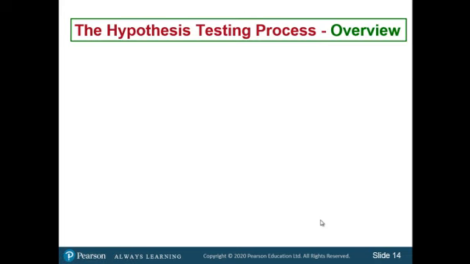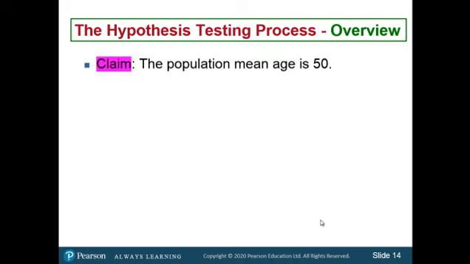Let's take a look at the overview of the hypothesis testing process. As mentioned just now, the null hypothesis represents a claim about the population parameter. Here we have a statement that the population mean age is 50, and we write our null hypothesis and alternative hypothesis: mu equal to 50 as null, mu not equal to 50 as our alternative.